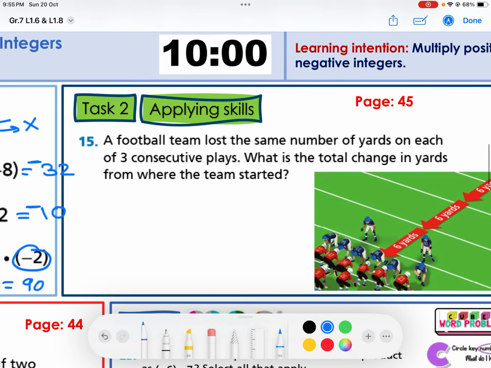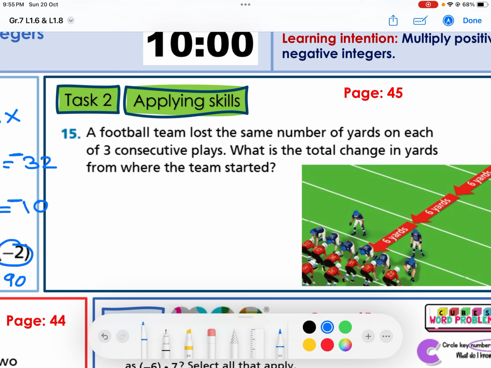Okay? Now, here we have a real life application. A football team lost the same number of yards on each of 3 consecutive plays. What is the total change? By looking at the picture, they have been losing 6 yards each play.